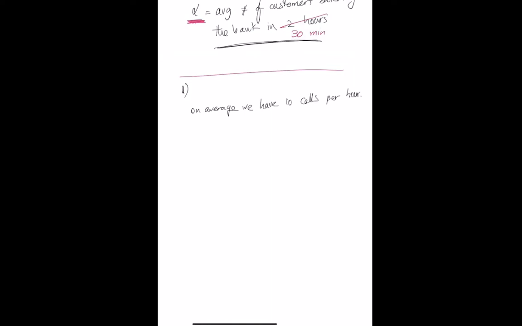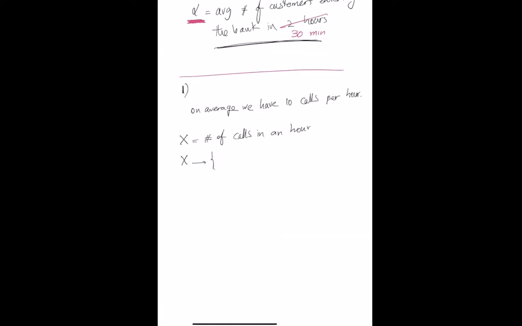Okay, now the part A where it says determine the following probabilities. What is the probability that we have exactly 5 calls in an hour? So if I define the random variable x to be number of calls in an hour, can you tell me what are the possible values for x?